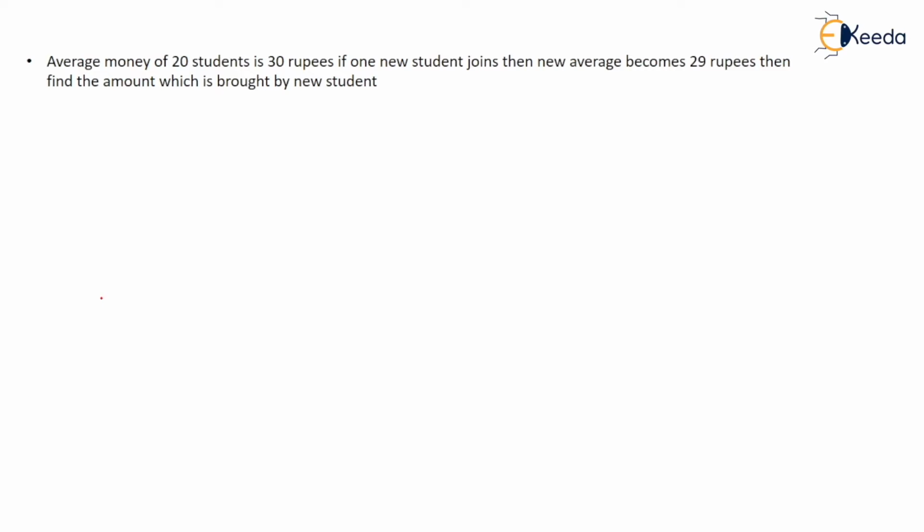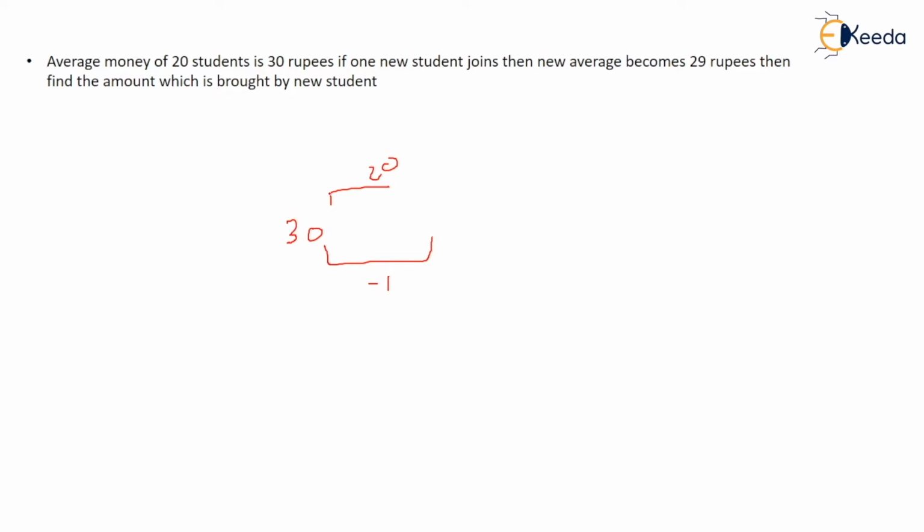Here is a question: the average money of 20 students is 30 rupees, means 30 rupees is the average of 20 students, right? If one more student joins them, the average becomes 29. Means the average is reduced by 1 rupee, right? Then find the amount brought by the new student.